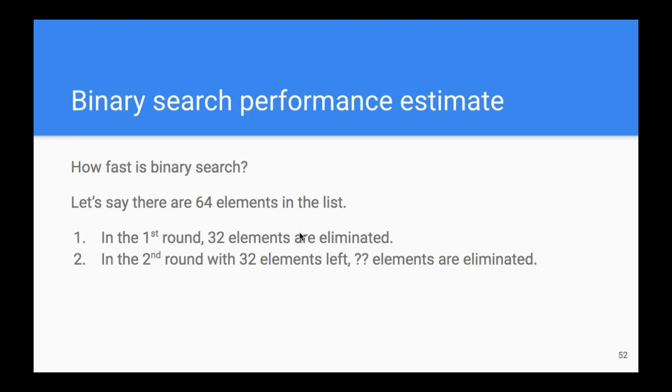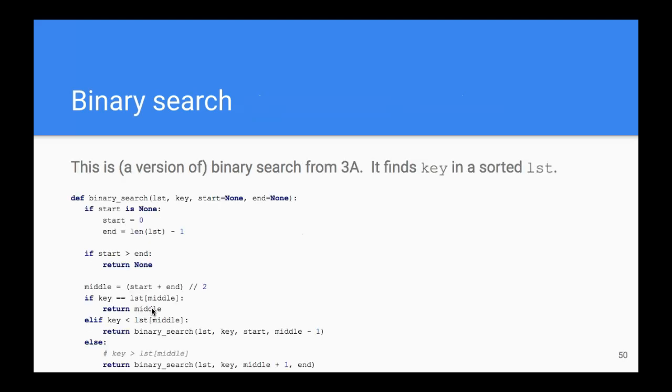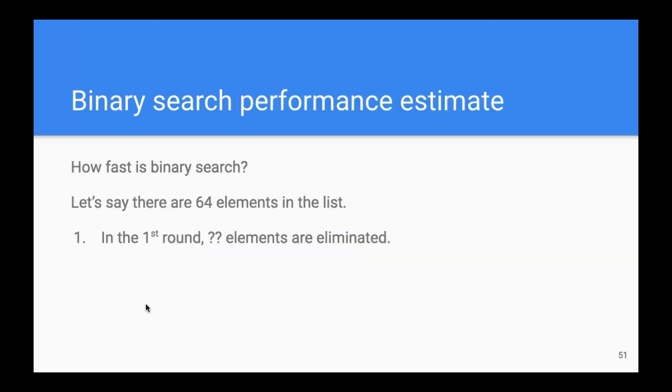Because every time we look at the middle of the list, and if that is not the key, then depending on whether that element is bigger than or smaller than the key, we either go to the left half of the list or the right half of the list. So every time half of the list is eliminated.